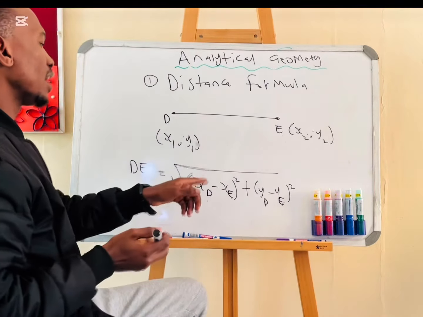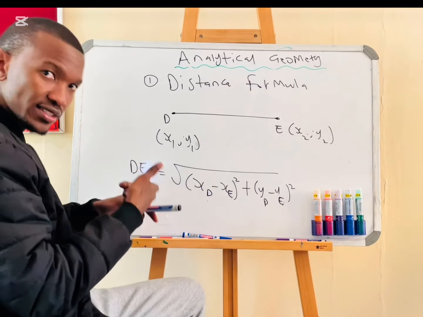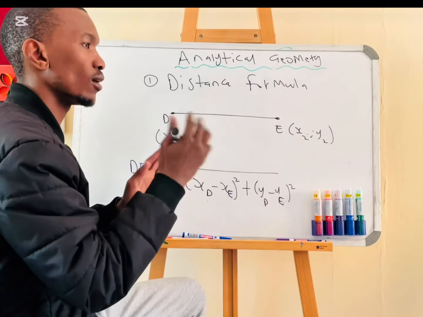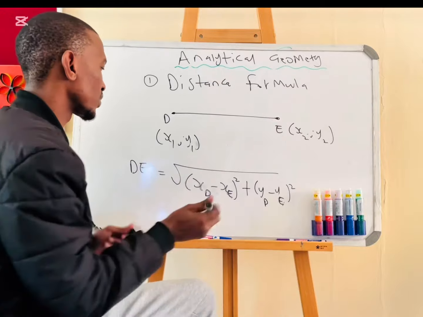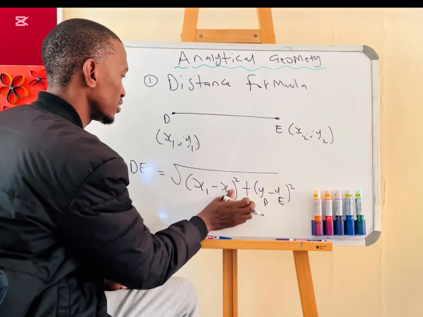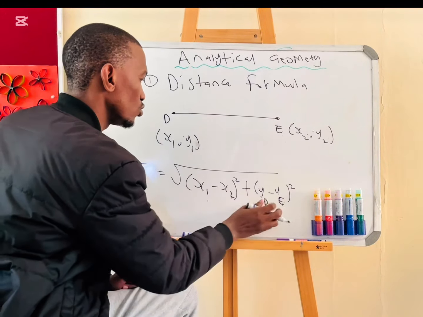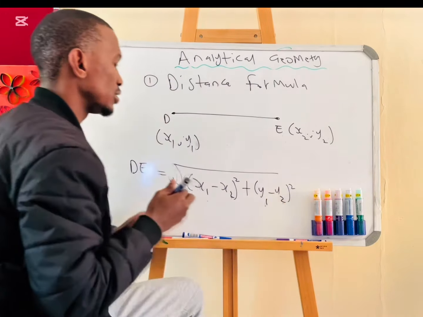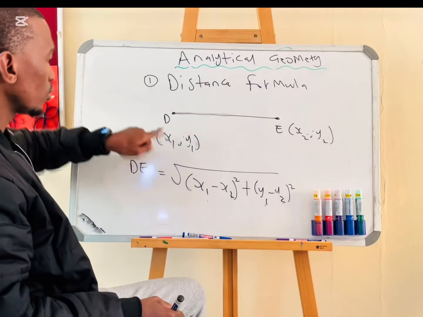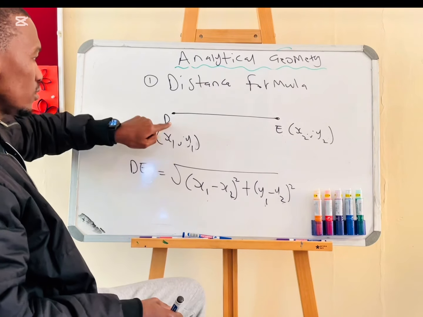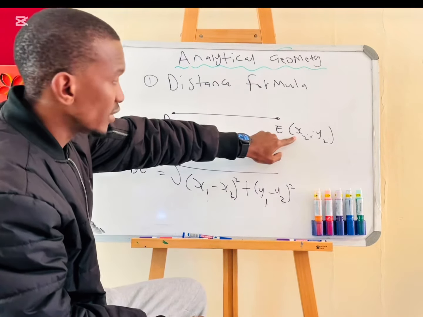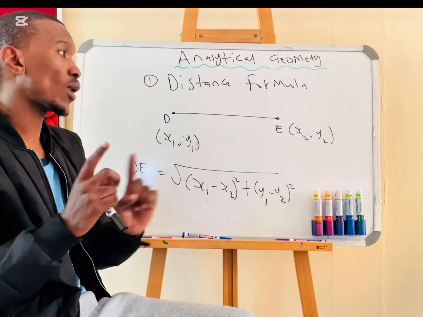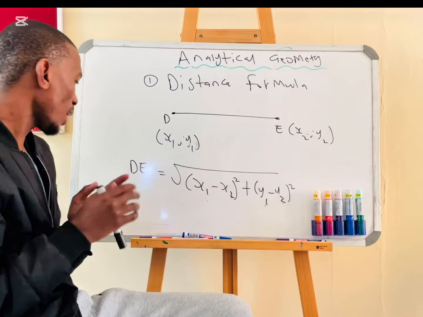Someone can say XE minus XD all squared plus YE minus YD, and you're still fine, don't worry. Even if you say X1, X2, Y1, Y2, you're still correct. Remember, your X1 must always be of the D, Y1 of the D, X2 of the E, Y2 of the E, so that everything is correct. Don't swap, okay? Please, guys.